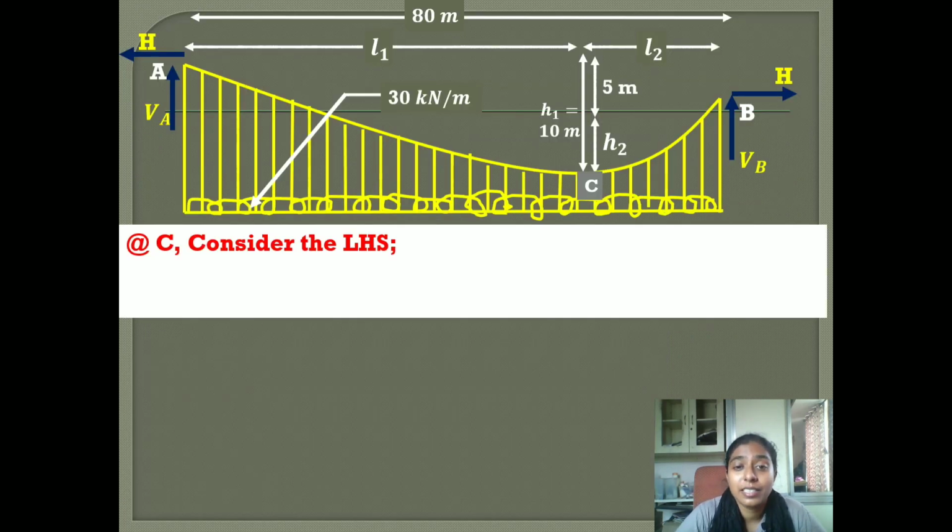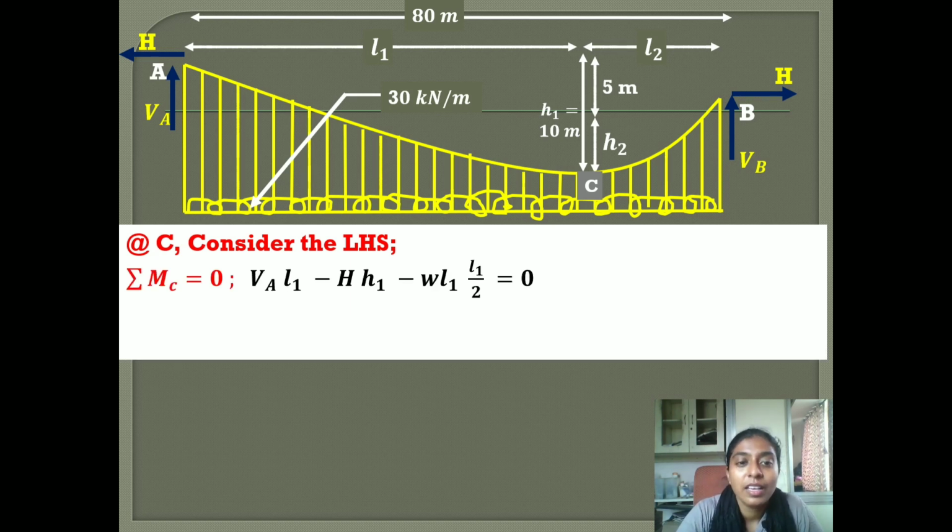Now our aim is to find the vertical reactions VA and VB. So we will take the point C, the dip C, and we equate the left hand side of C and right hand side of C. We take the left hand side of C, we apply the condition sigma MC is equal to 0.